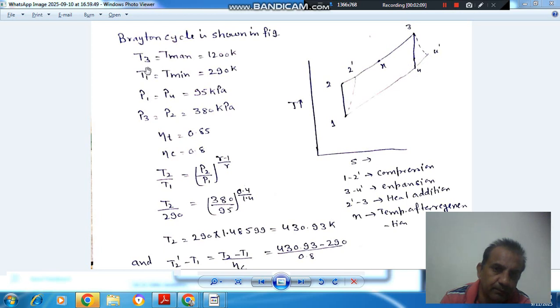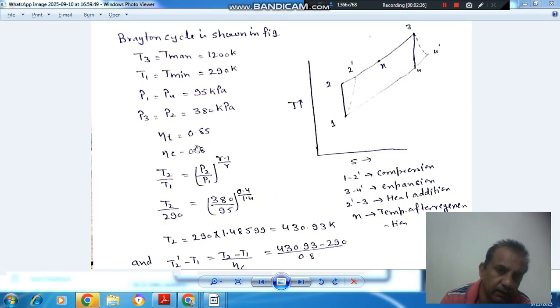It is given that the maximum temperature is 1200 Kelvin, so T3 is 1200 Kelvin, and minimum temperature is 290 Kelvin, so T1 is 290 Kelvin. The minimum pressure is 95 kPa, so pressure along line one is 95 kPa, and maximum pressure is 380 kPa, so pressure along 2 3 is 380 kPa.